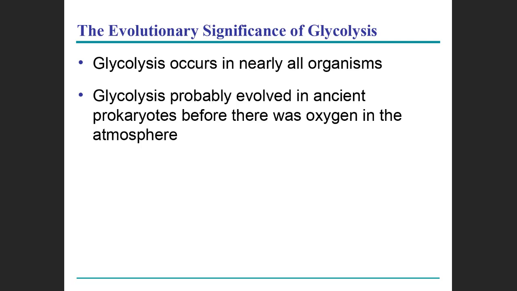So as I mentioned, glycolysis is a universal process. It probably is one of the first forms of respiration to evolve, right? Because there was little or no oxygen in the atmosphere. When photosynthesis evolved and oxygen was produced as a byproduct, it began to accumulate. And the obligate anaerobes had a choice: evolve to use oxygen or die.